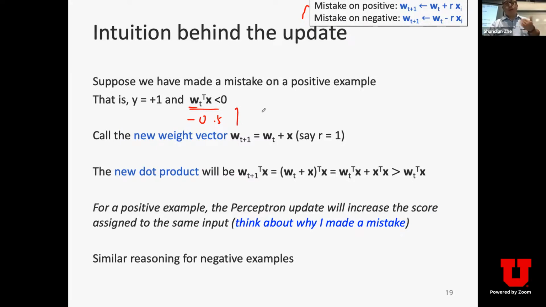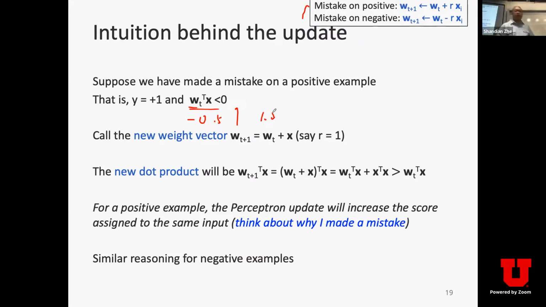Say it increases to 1.0, then my score is above 0, and my prediction will be correct. So the way to improve our classifier is to make the classification score increase. Does it make sense?